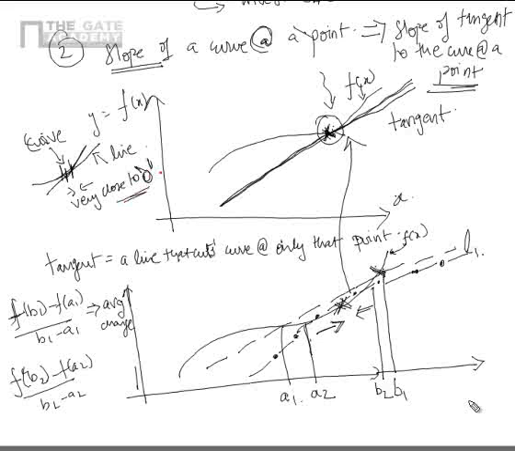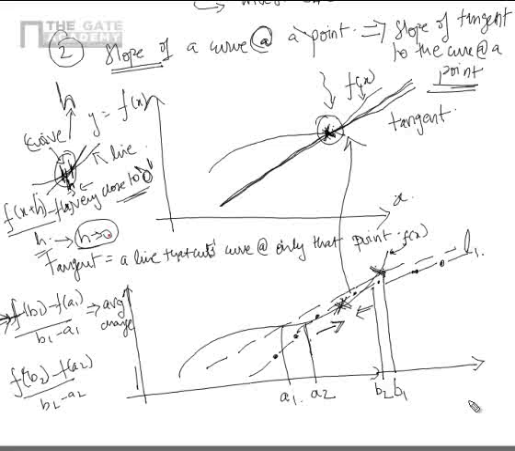That is, if I call the gap here as h, and I go by this formula and write this here, what will I get? I will get f of x plus h minus f of x by h, and h is tending towards 0.